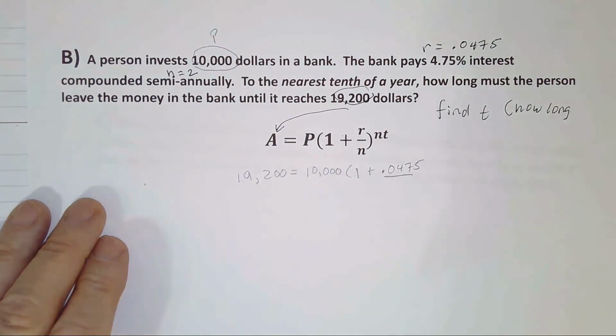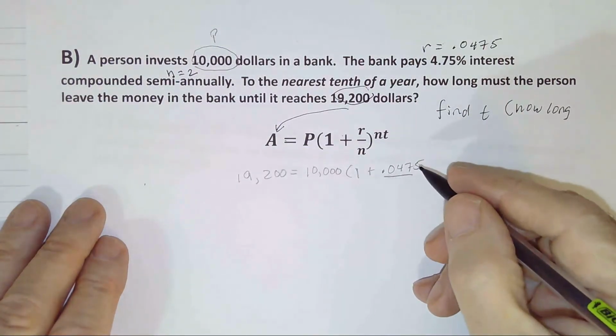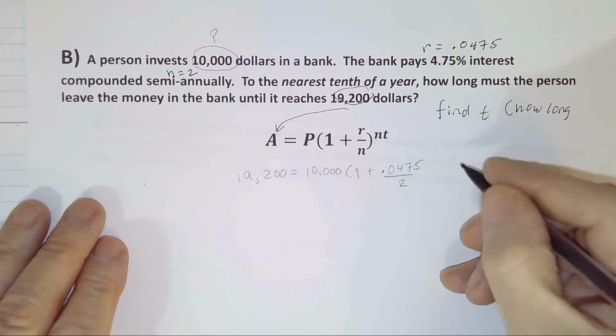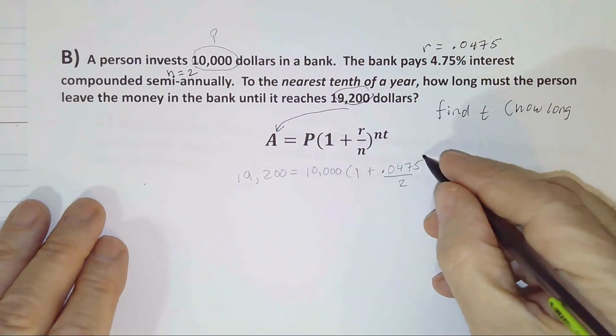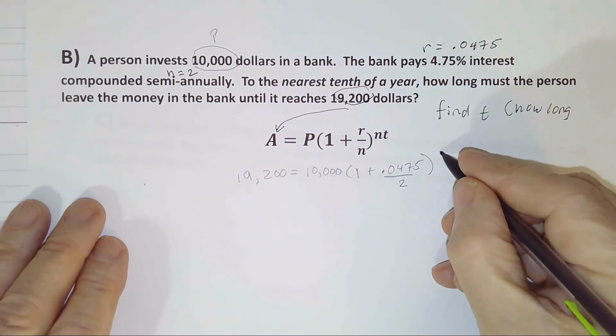Remember, n is the number of times that you compound, so that's 2. And then to the nt, so 2 is the n, and then times t.